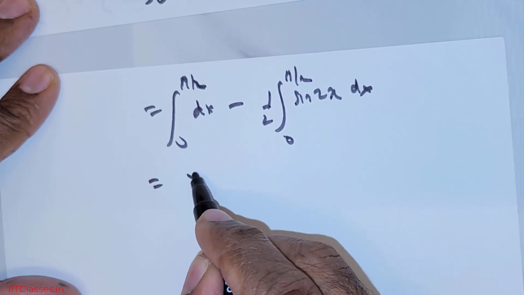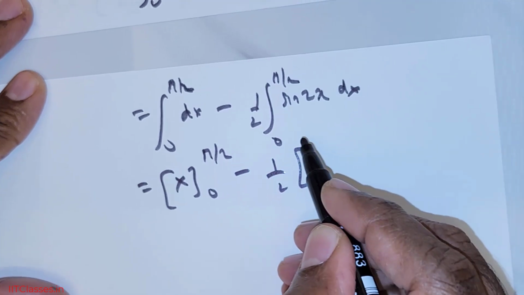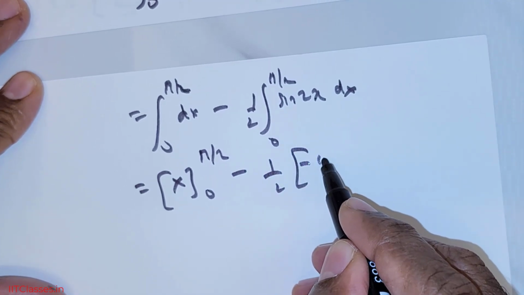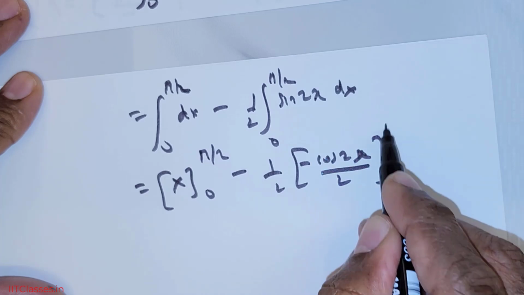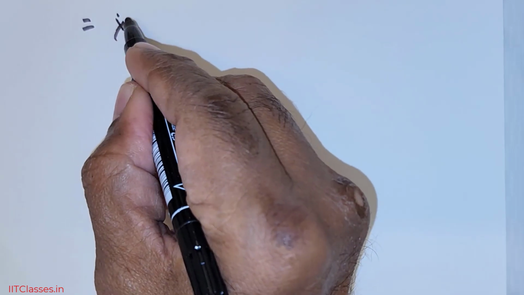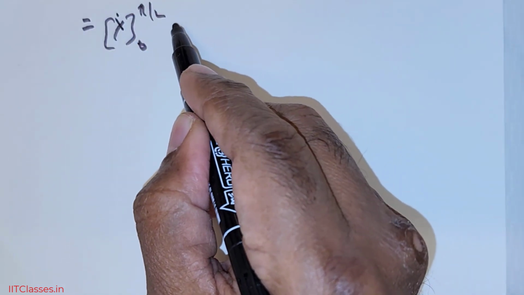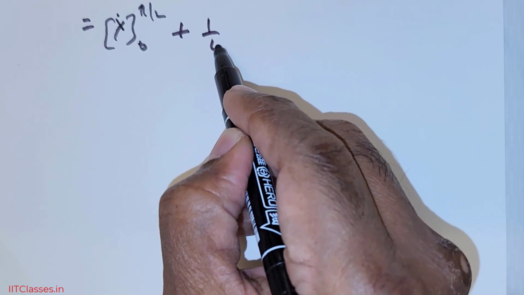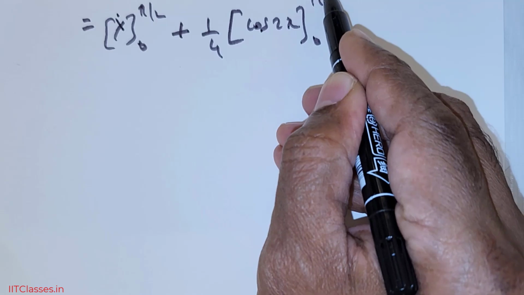So you integrate this, you get x from 0 to pi over 2. You integrate this, you get negative cos 2x divided by 2 from 0 to pi over 2. As x from 0 to pi over 2, minus minus plus, so it's going to be 1 over 4 of cos 2x from 0 to pi over 2.